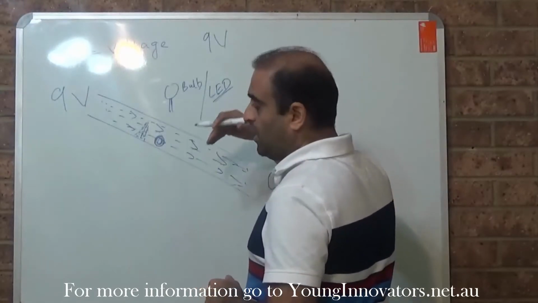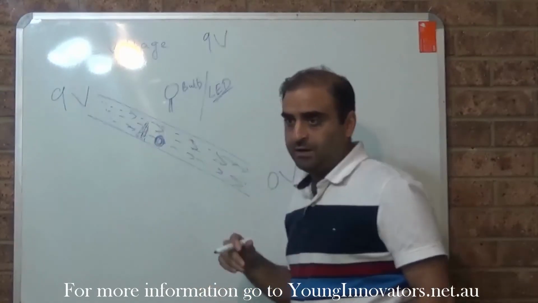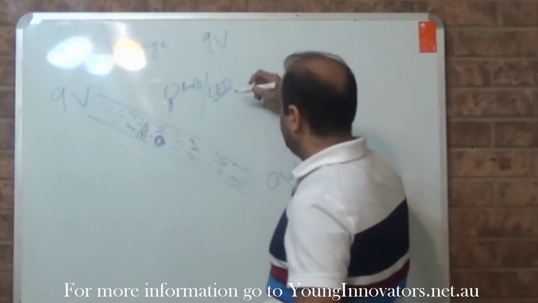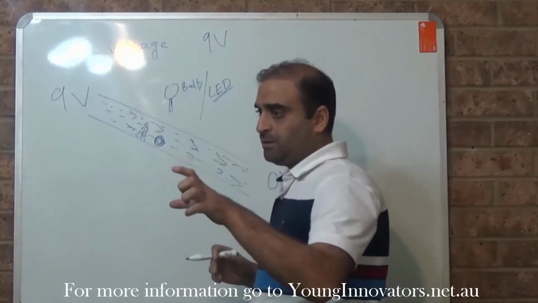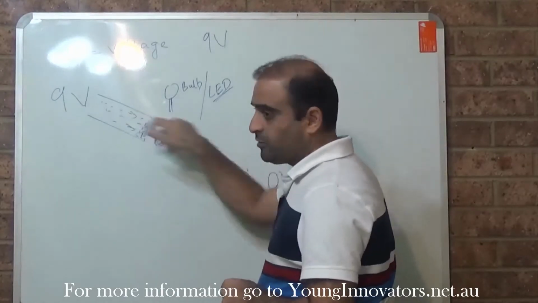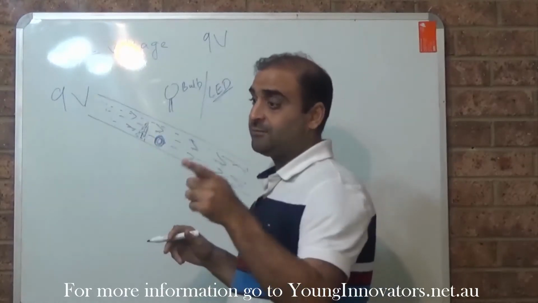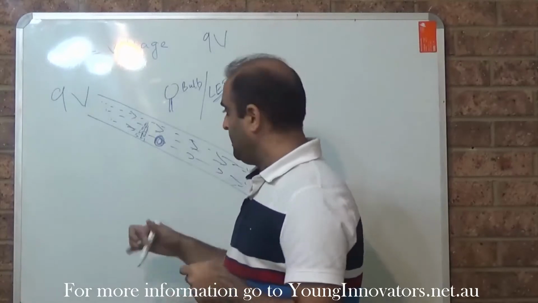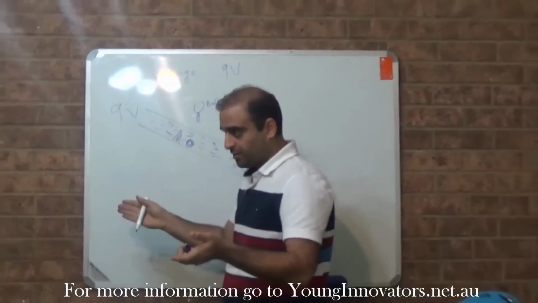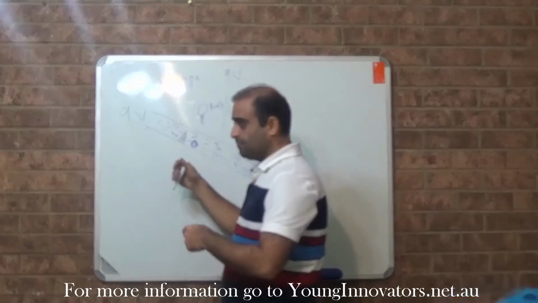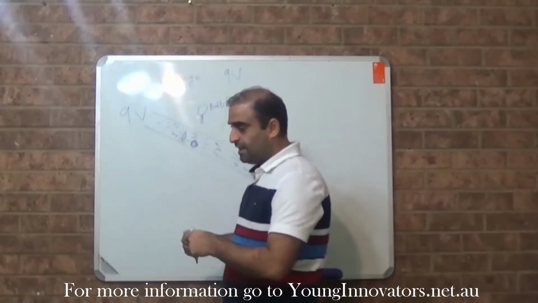Now the concept that I want you guys to understand is that we have to look at how much flow of water the LED can survive. If the flow is very high, the LED will be destroyed. If the flow of the water is slow, the LED might survive.